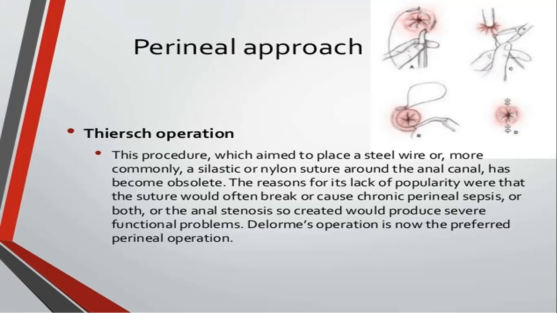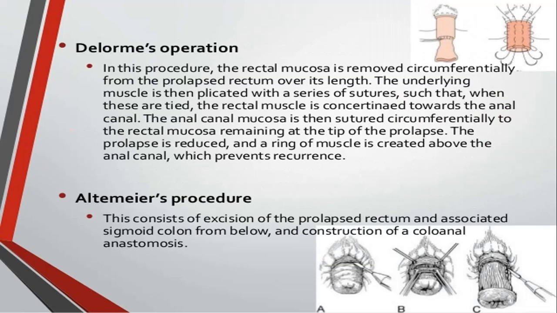The suturing basically applies the knot in the upper and lower zone, and they are tying it and narrowing the anal canal. So it has now become obsolete, with a lack of popularity, and can cause perineal sepsis and anal stenosis. So the Thiersch operation is obsolete, and Delorme's operation is now preferred for the perineal operation.